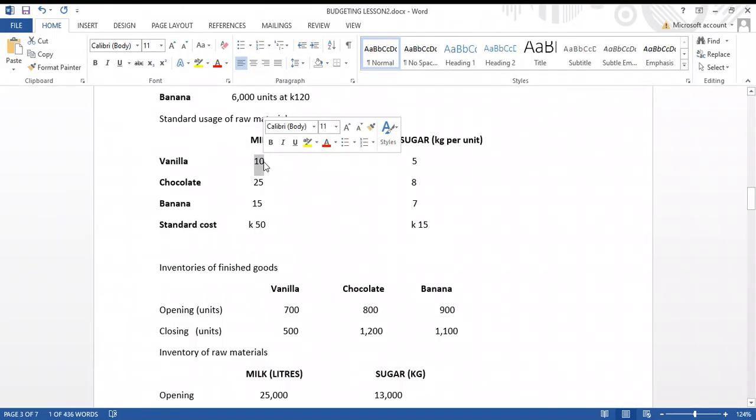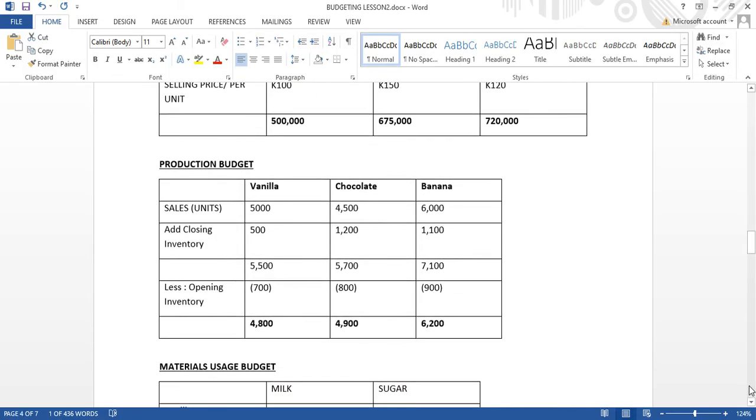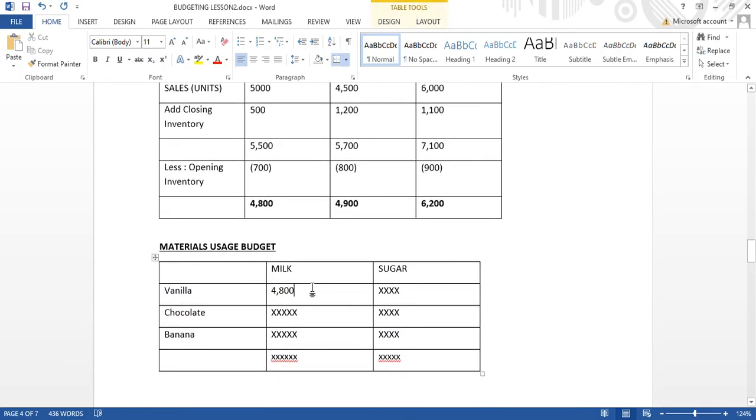So for vanilla, we need 10 liters of milk for each unit and 5 kg of sugar for each unit. So for 4,800 units, we're going to multiply that by 10 liters. 4,800 times 10 liters, so we're going to need 48,000 liters of milk. We need 48,000 liters of milk.